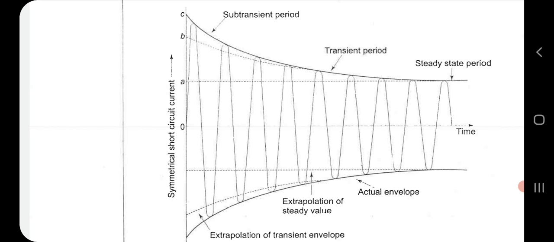So again armature reaction comes into effect, and it tries to reduce the high flux to a steady state, to a normal condition. After a few cycles, it comes to a normal condition. Normal condition is called the steady state period.